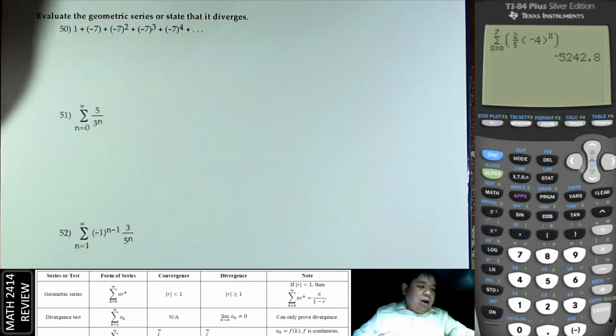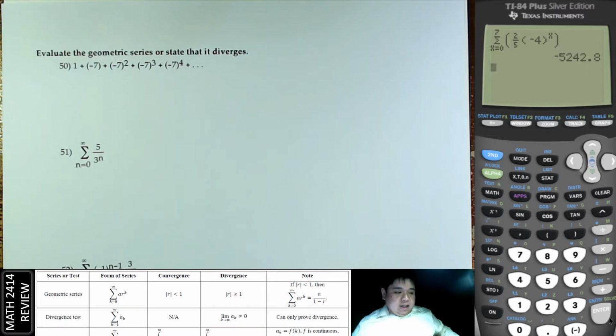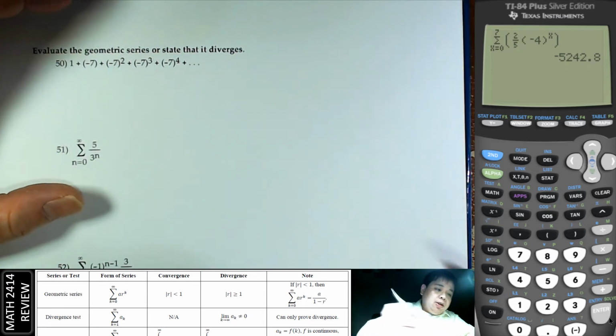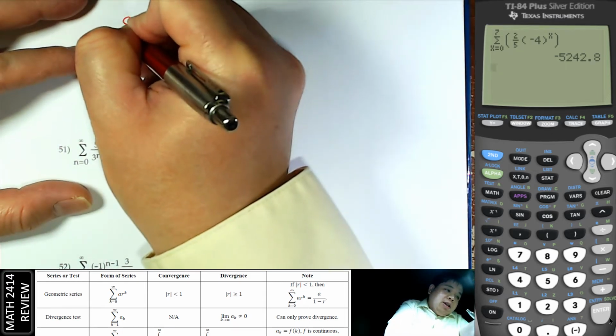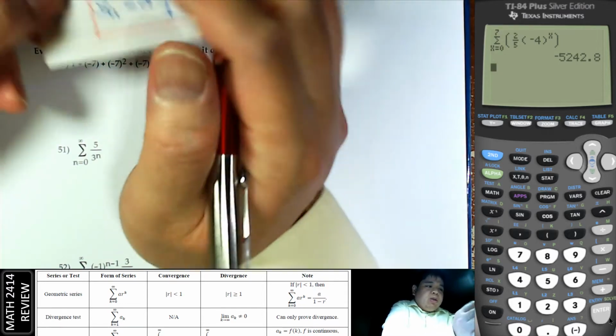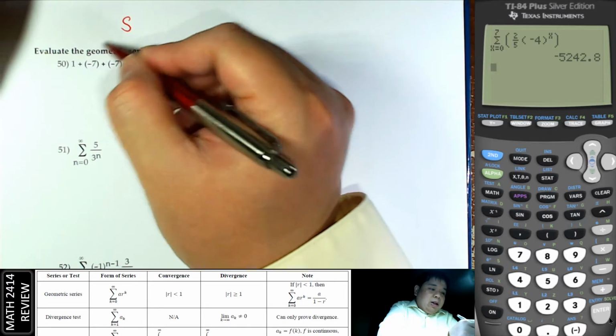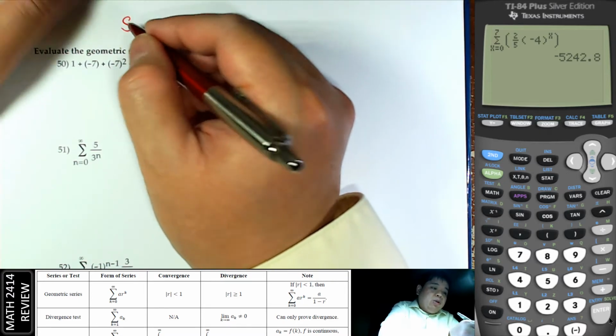Right, now we have a geometric series. So this is series, meaning infinite series. So the sum of infinite series, a little thing though, s of n. So we stop at the n term. For the infinite series, we're just going to write s.